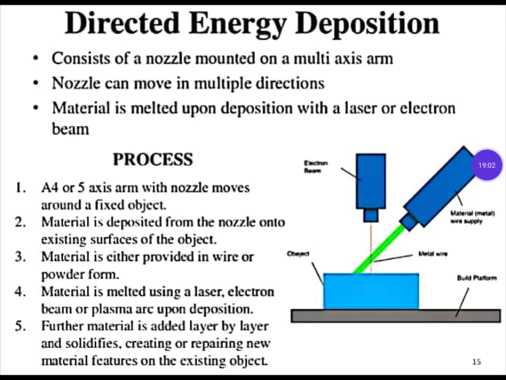When the powder is melted, then it is going to be joining with the parent material, and further the material is added layer by layer till the complete repair is done.